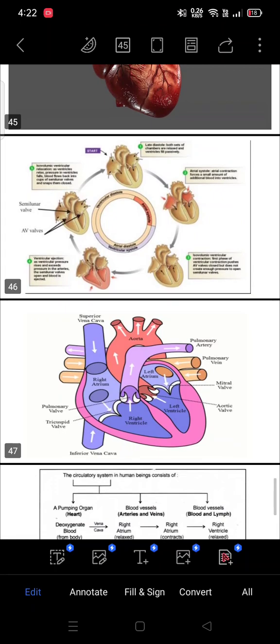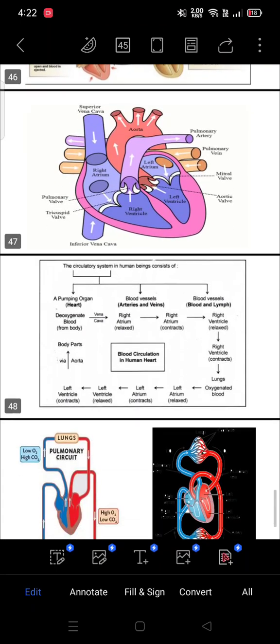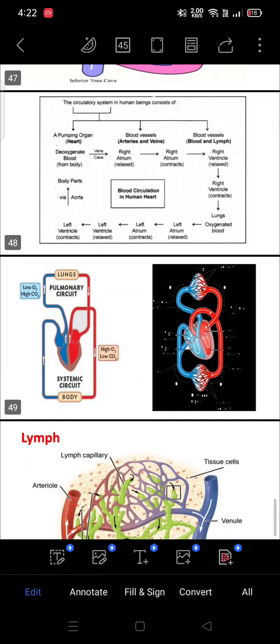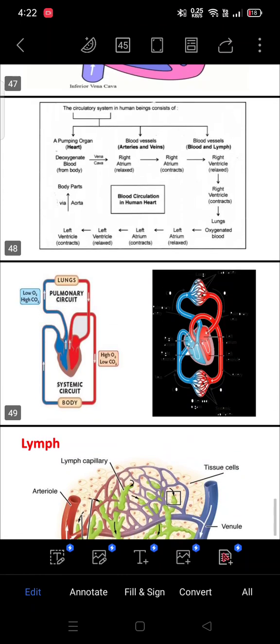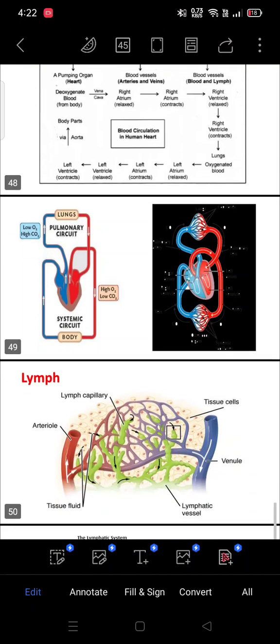Then this is the structure of the heart. Then what is the function of the heart? Then this double circulation system, in which you can see there are two structures. But you have to learn this flow chart of the blood circulation in the human heart.